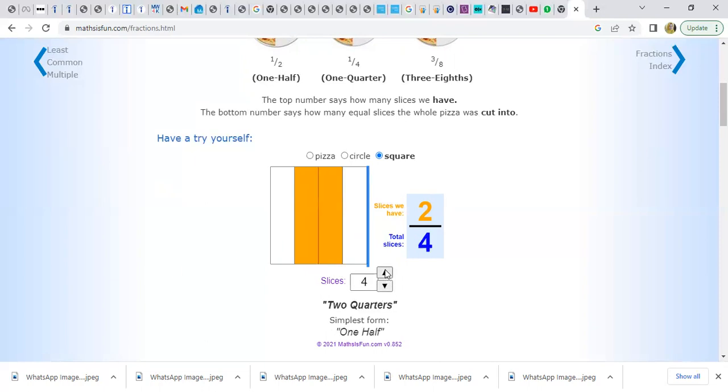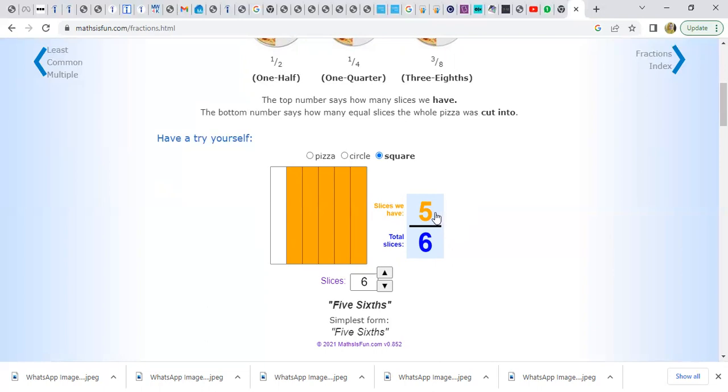Suppose you have 6 parts in your square. You can write any part you are taking, here 1 or 2 or 3. So that can be written as a fraction. If you are taking 3 parts, it would be 3 over 6. If you are taking 4 parts, it is called 4 over 6.